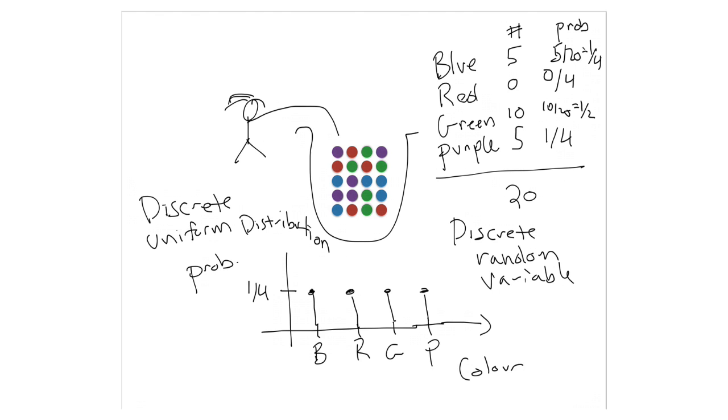And so the graph of our distribution will no longer be a discrete uniform distribution. So I'm going to erase that. And our probability graph will look like this. So the red ones are 0 now.